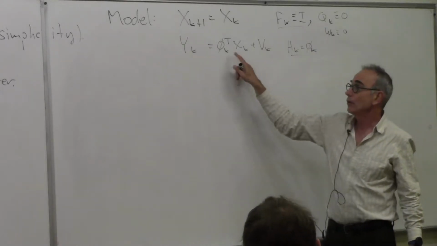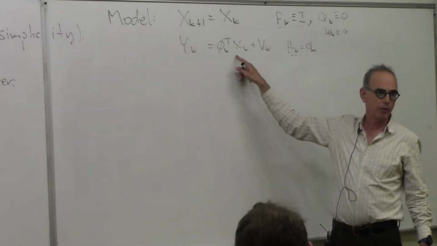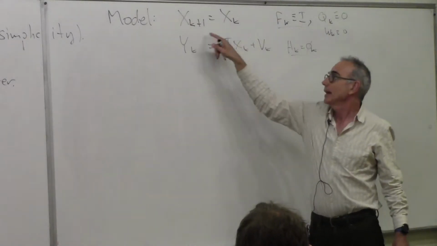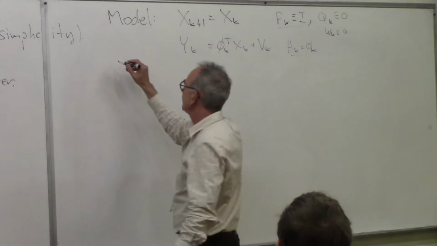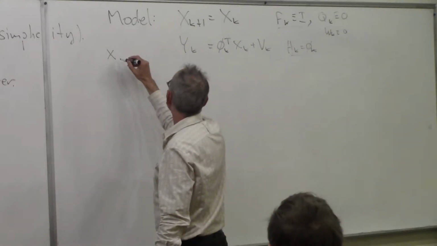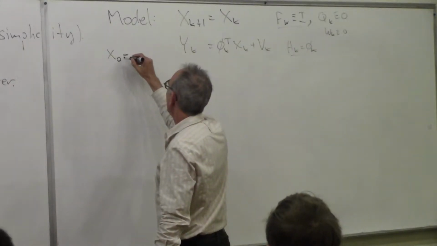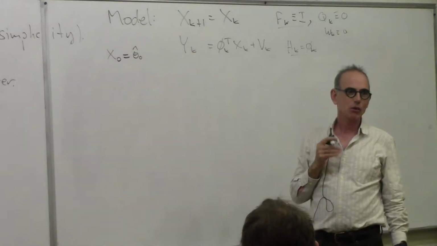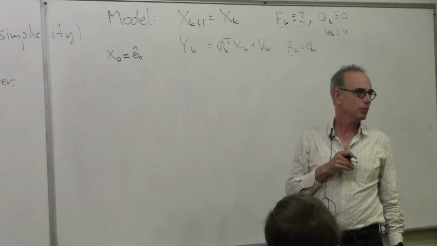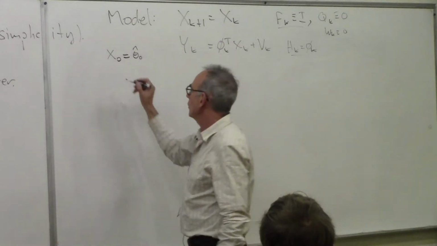And so again, I'm writing it now in the right way with phi_k coming before the state, right? And then we've got the initial condition x_0. I would just call it theta hat 0. It's just our initial guess for the parameter, and we have some sigma 0 as well.